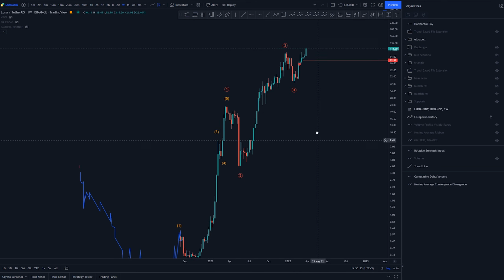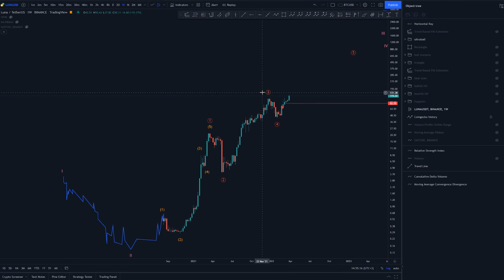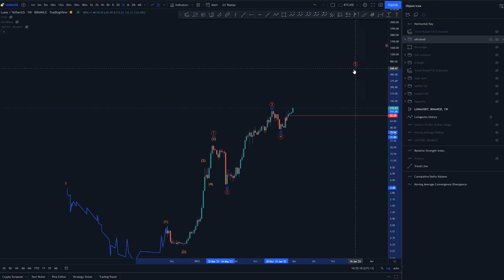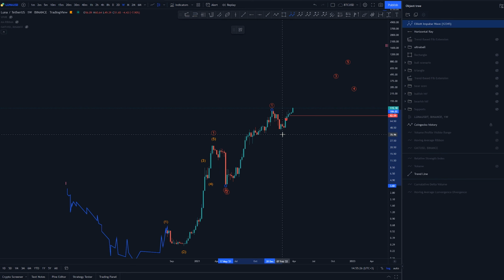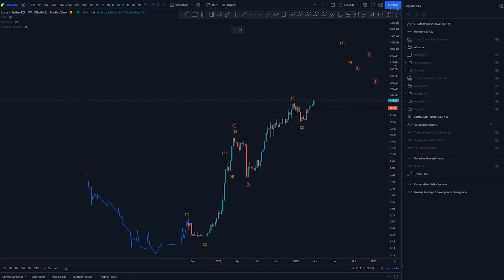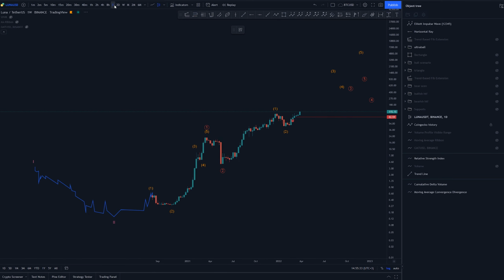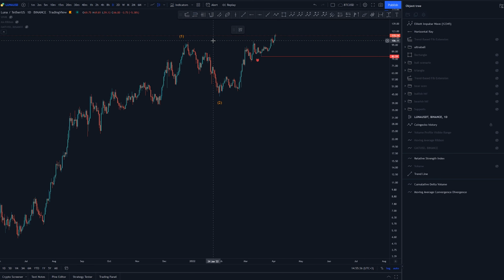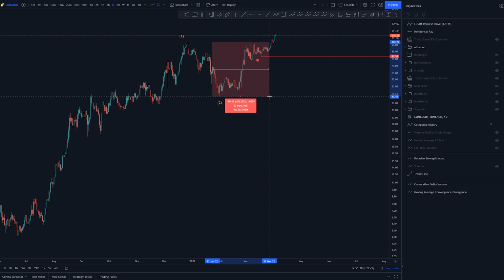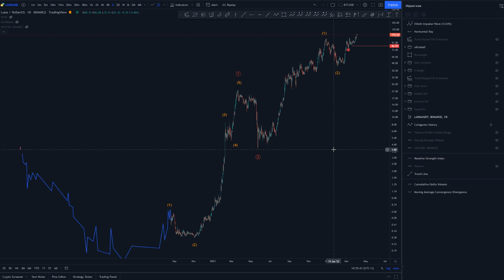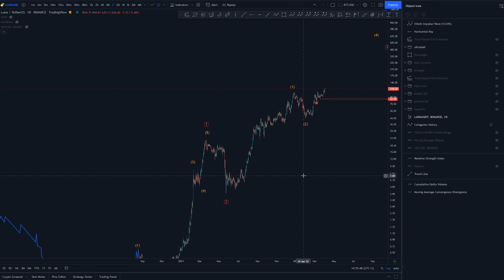Now the next thing is, do we want to say that this is third, fourth and creating the fifth now? Or do we want to be even more bullish, saying that this is the first, second, third, fourth, fifth of intermediate? Why I'm even thinking about this being an intermediate is just because of this correction. 58% is more than the 50%, meaning the fourth wave usually is only coming up to that 50% mark.